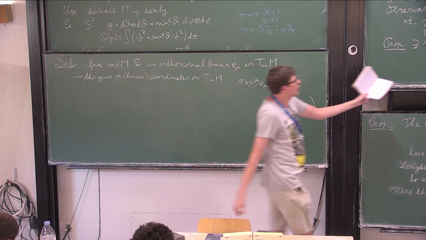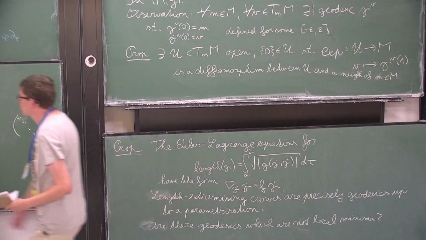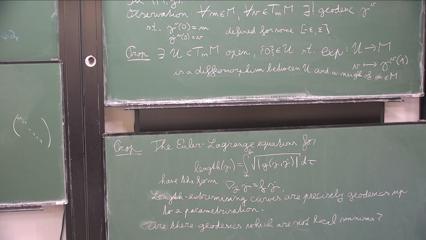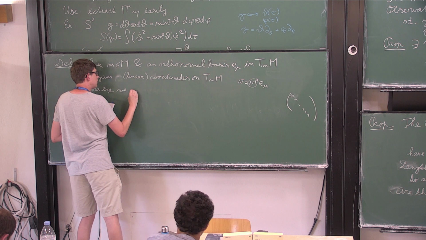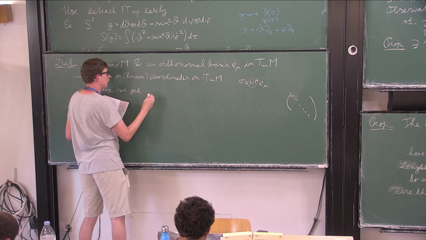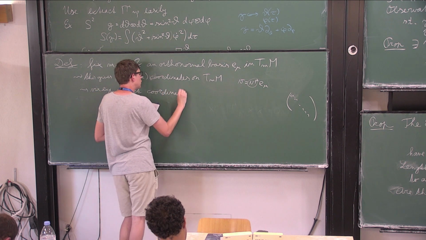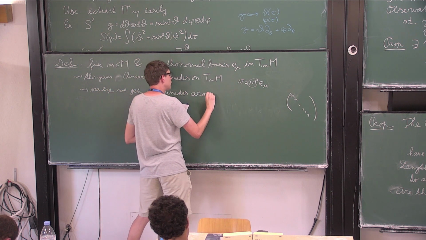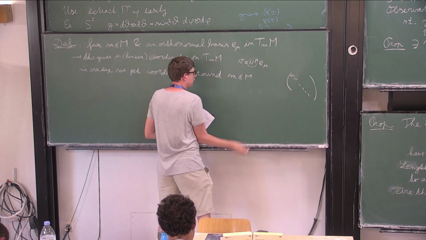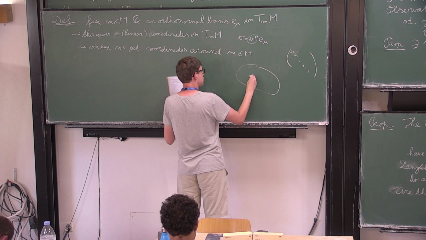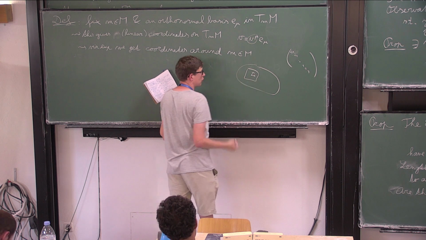But now using this exp, which I didn't say is short for exponential, that exponential map actually gives us a coordinate system in the neighborhood of that point, coordinates around the point m in M. So there was a point m, there was a tangent space. In that tangent space we pick a nice orthonormal basis.